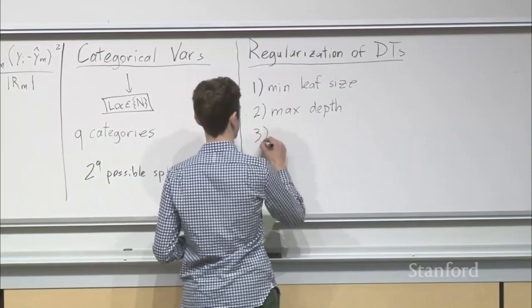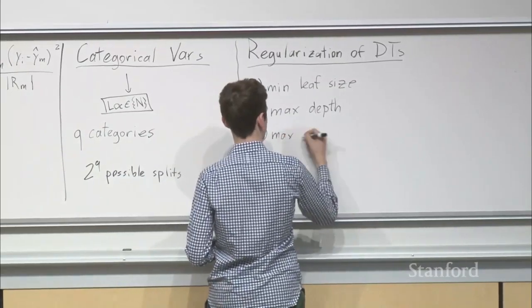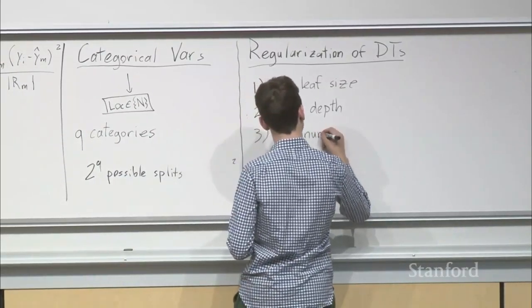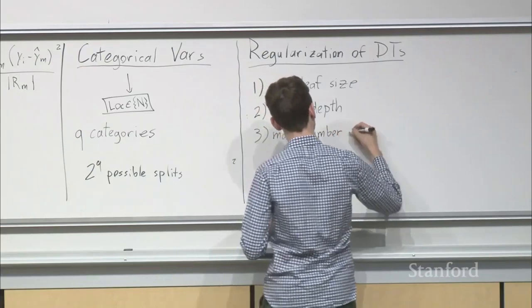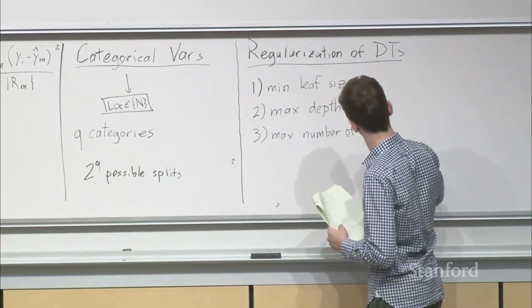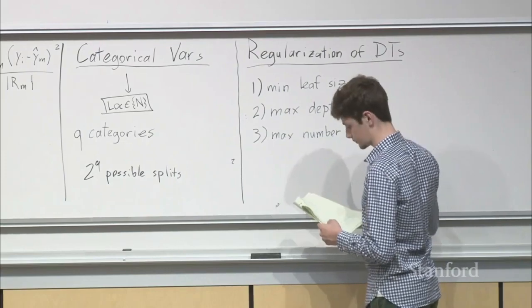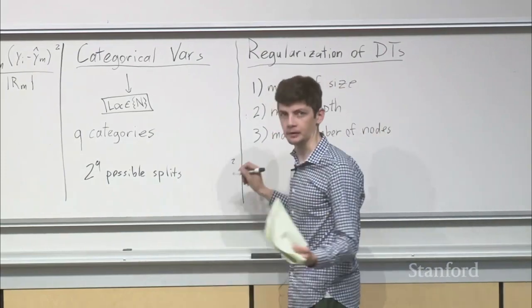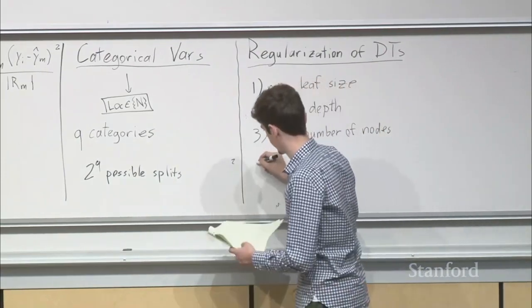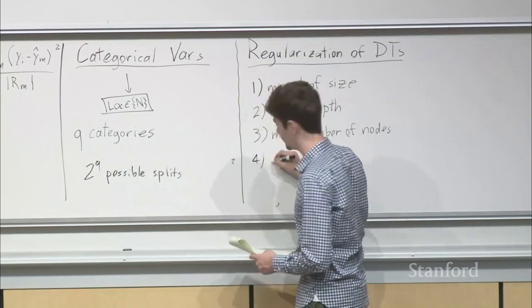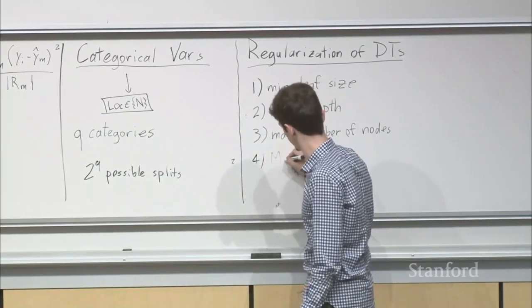And sort of a related one in this case is a max number of nodes. And then a fourth, very tempting one, I've got to say, to use is a minimum decrease in loss, right?